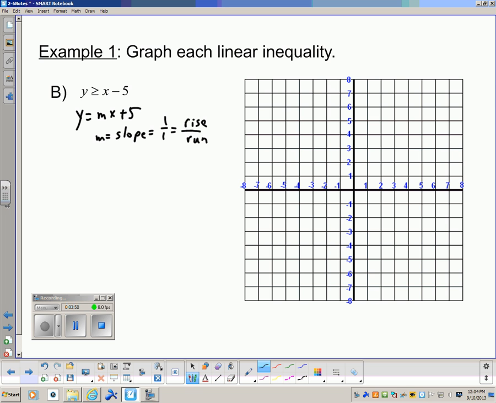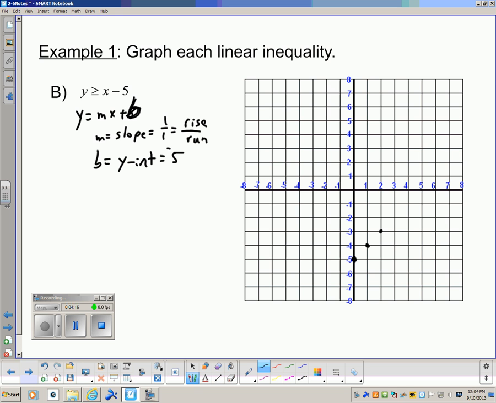And then if you remember, our b value ends up being our y-intercept, which is negative 5. So we're going to start on our graph here at negative 5. That's our y-intercept. And we're going to use our slope. From that point, we're going to rise 1, run 1. Rise 1, run 1. And then connect our dots.